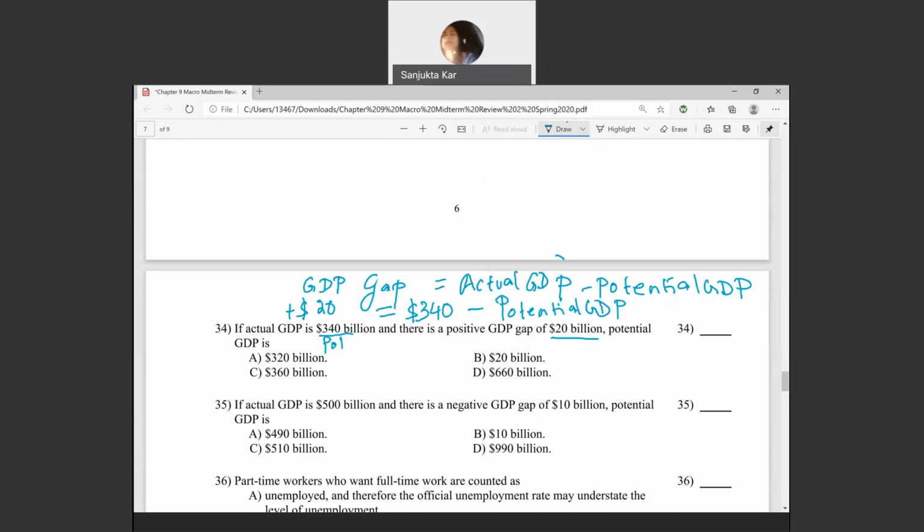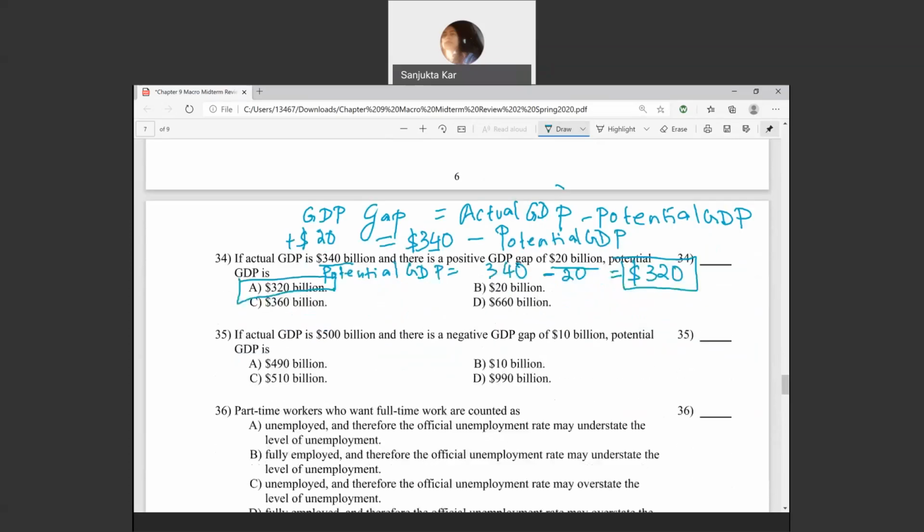So the potential GDP will be equal to 340, which stays as it is, and I'm going to bring 20 to the right hand side. So my answer is going to be 320. This is the answer to this question.